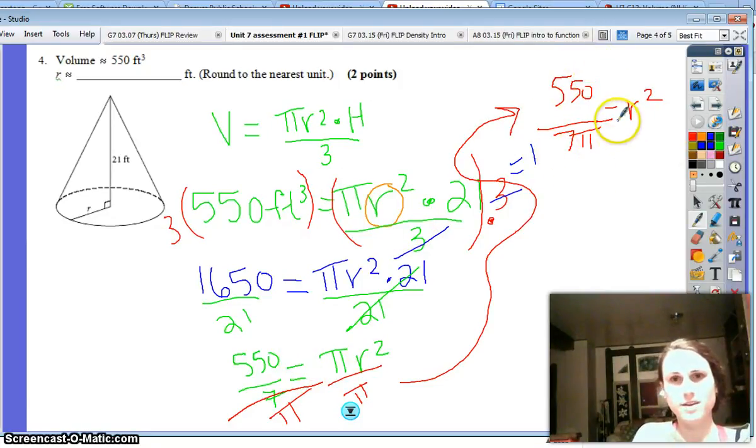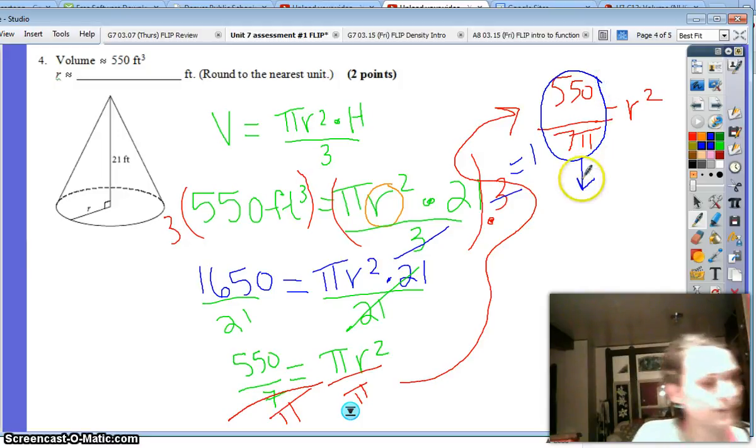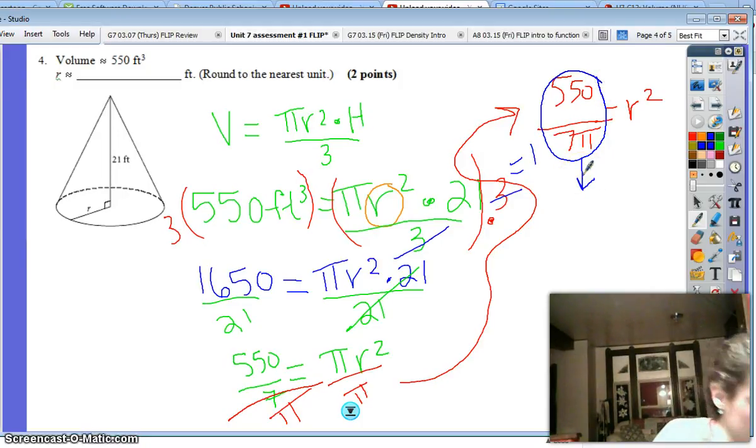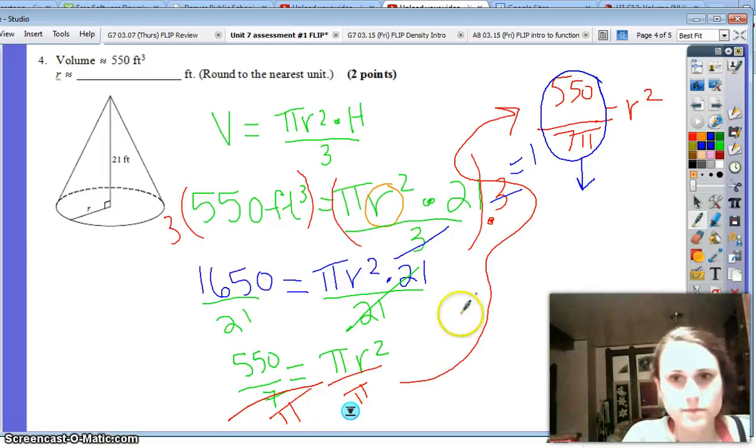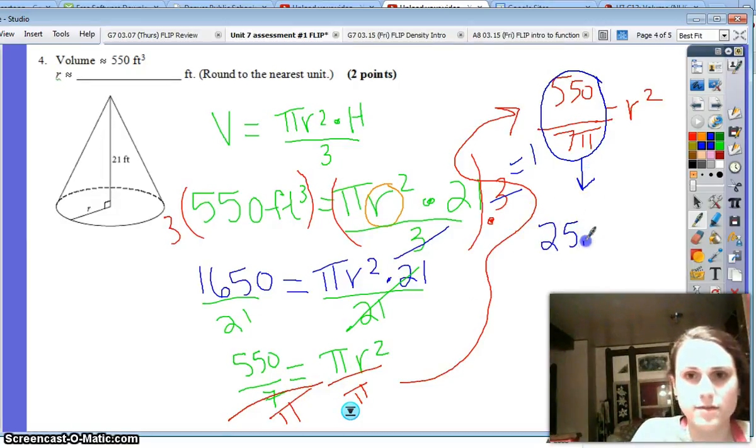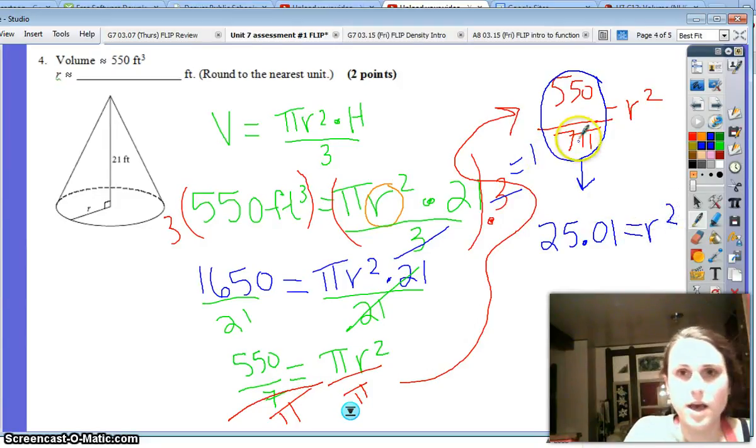Then I'm going to find, oh, actually, I am going to write this as a decimal. So I'm going to reduce this right now to a rounded decimal form. So 550 divided by 7 times pi equals, my calculator gives me exact answers. That's annoying. Same thing as the last problem, 25.01. 25 and 1/100th equals r squared.